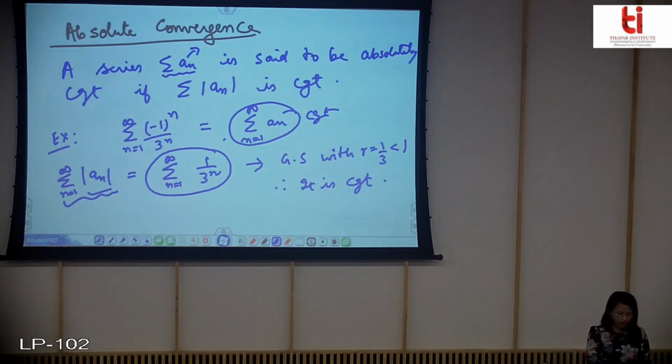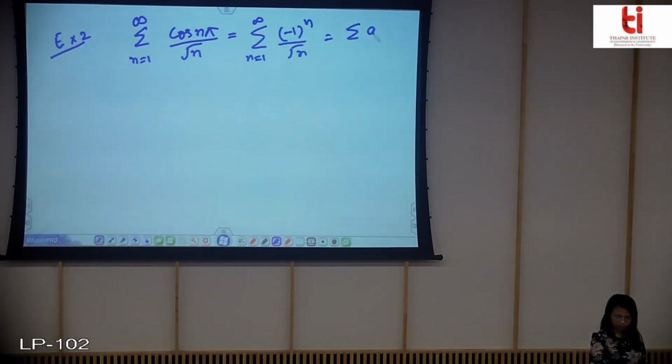And let's see some other examples also. Example 2 for this. Now if I have this series, this is under root n, now here you can easily see that what will be mod of an?